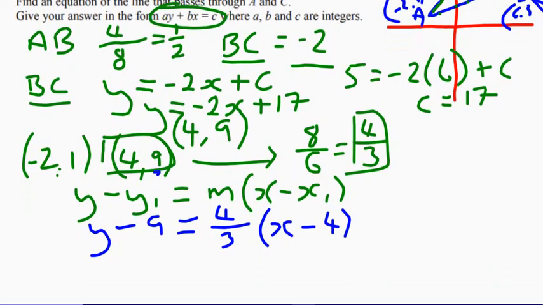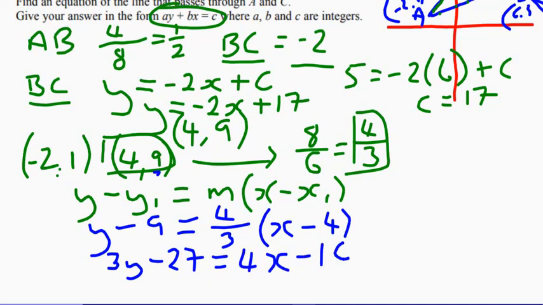Let's multiply both sides by 3. That gives me 3y minus 27 equals, I can multiply this side out by 4. So I've got 4 multiplied by x and multiplied by the other 4 there, which gives me 16.